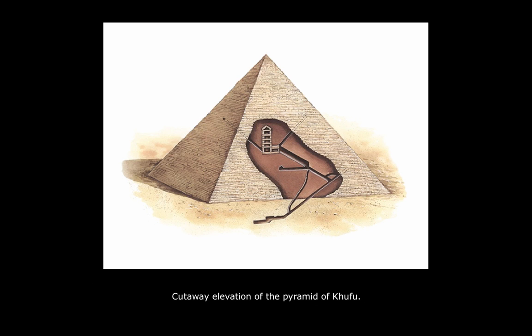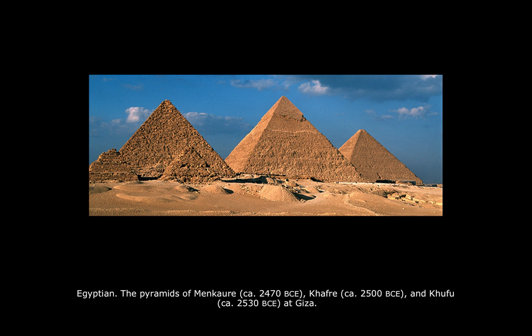And let's start. So the first thing here is the very famous pyramids of Giza. So the pyramids here, you actually see the three major pyramids, the pyramids of Menkaure, Khafra, and Khufu. And then these smaller ones would be part of the entire complex.